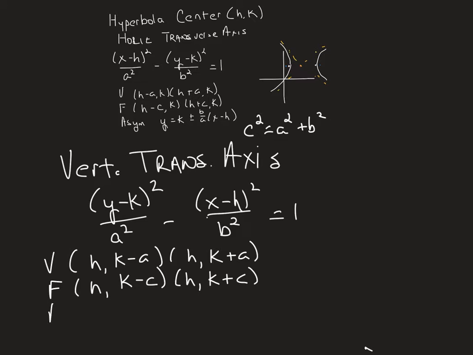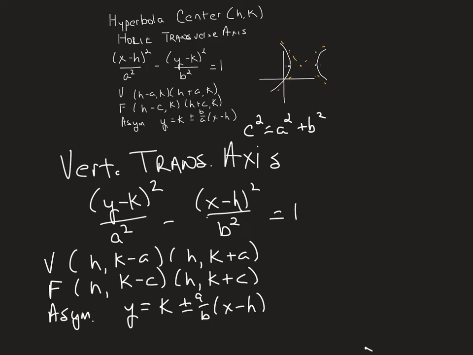And our asymptotes are going to be y equals k plus or minus change in y over change in x, so this time it's going to be a over b times (x minus h). And again, c squared is a squared plus b squared.